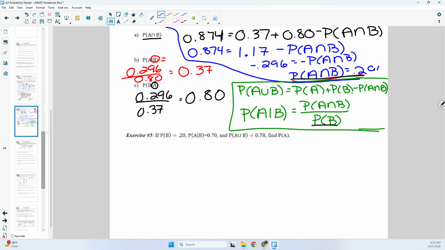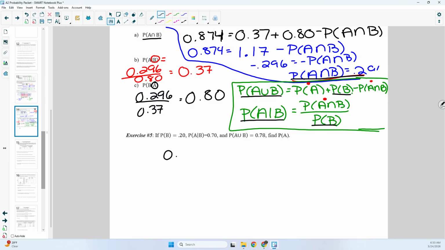They told me what P of B is. They told me P of A given B. And they told me the union. So in the first formula I have two unknowns, so I can't really use that one yet. But in this one I only have one unknown. And I see that this unknown will help me use the first formula and get towards the thing I really need. So I'm going to start with the conditional probability formula.